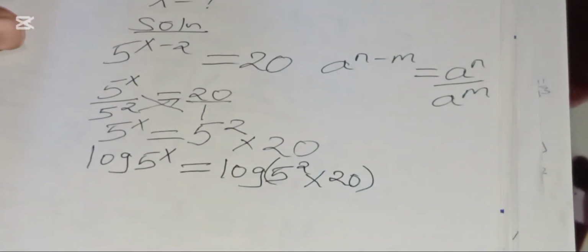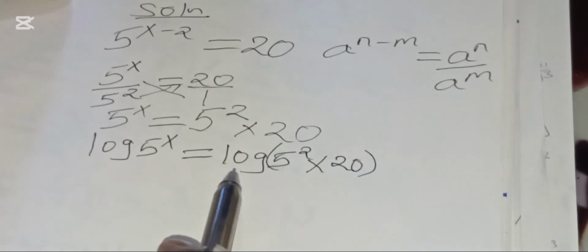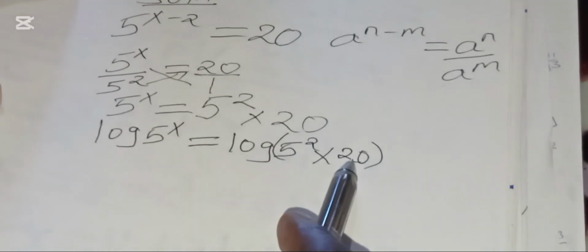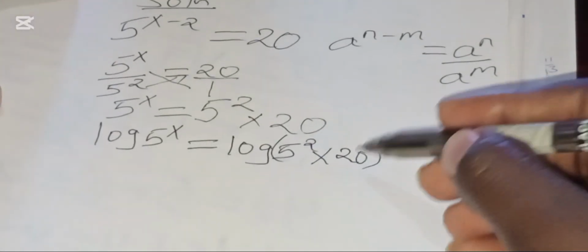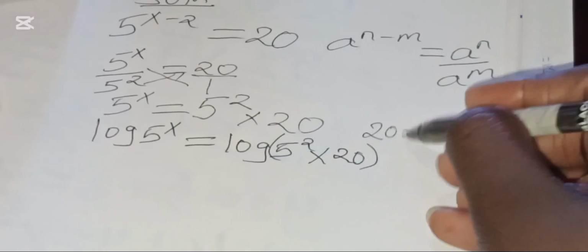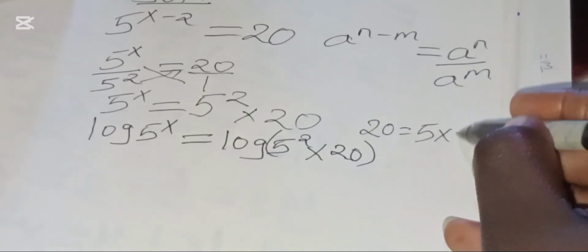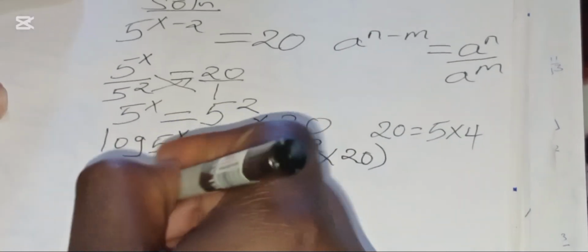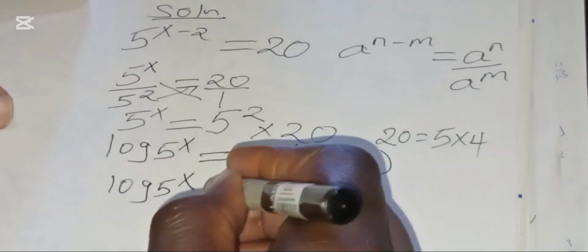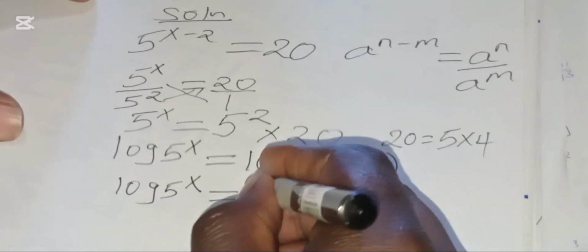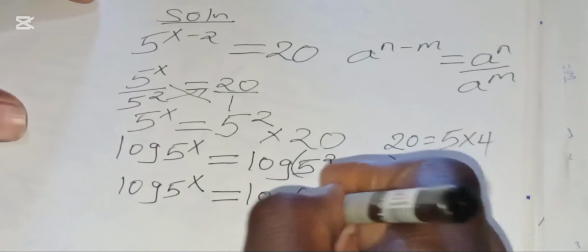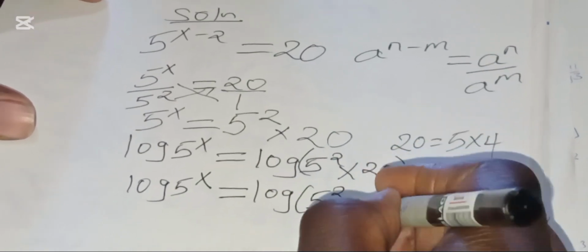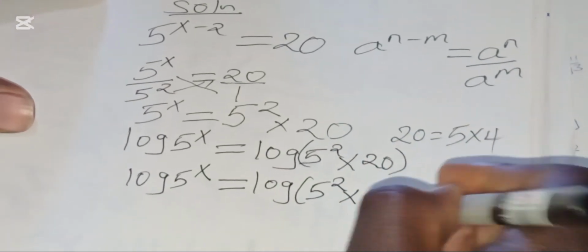Okay, now from here, log 5 squared times 20 can also be expressed as, let's express 20 as 5 multiplying by 4. So we'll have log 5 raised to power x, this is equal to log 5 raised to power 2 multiplying by 5 times 4.